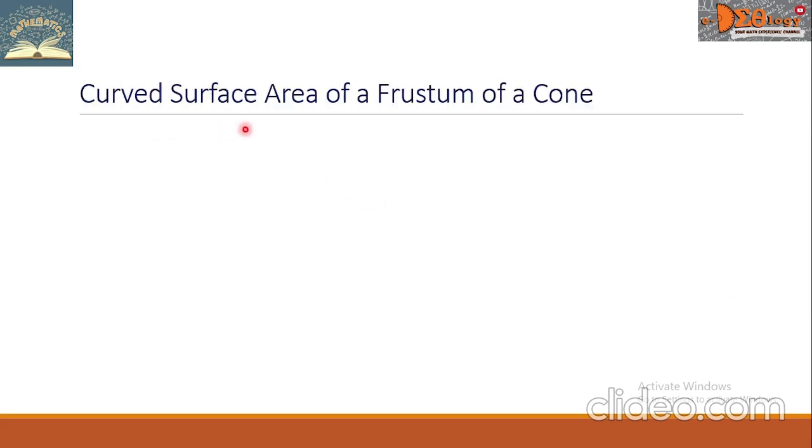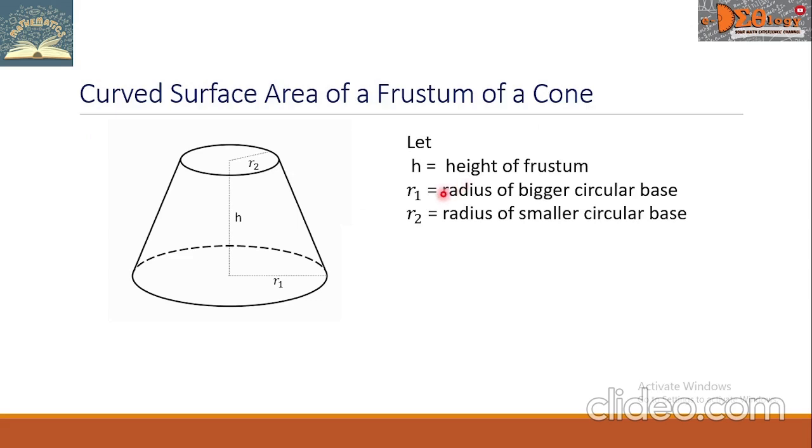Now, the curved surface area of a frustum of a cone. Let h be the height, r sub 1 radius of bigger circular base, r sub 2 is the radius of smaller circular base. Now let's have the L. This is the slant height of frustum.